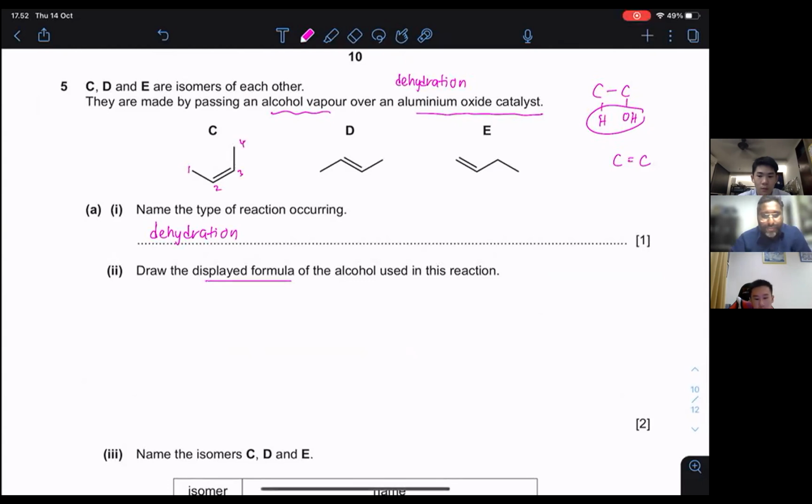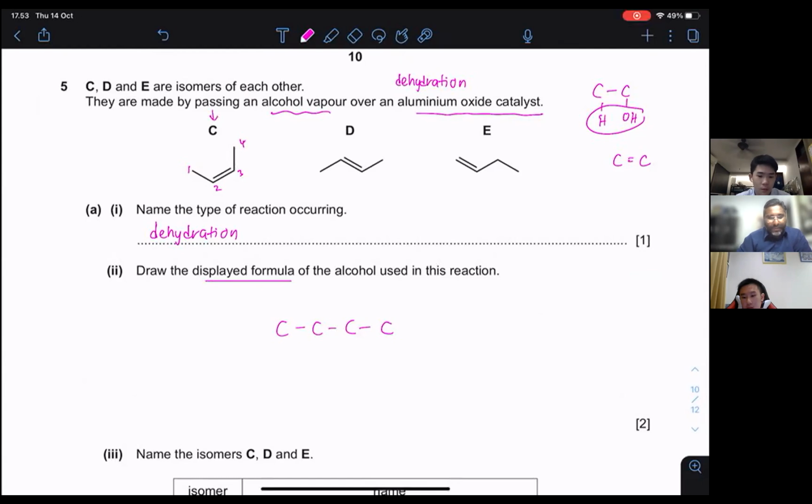Please remember, don't go and draw skeletal formula. 4 carbon that has H and OH. So I'm going to draw 4 carbons, 1, 2, 3, 4. Based on C, carbon number 2 has H and this one has OH. Done. This one you will get the full mark.